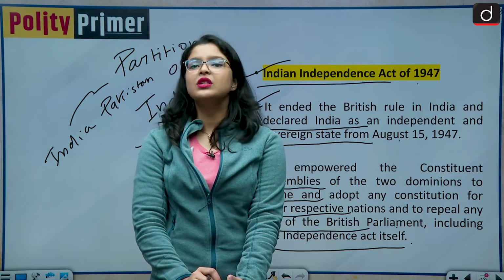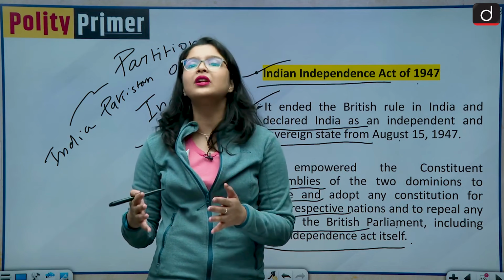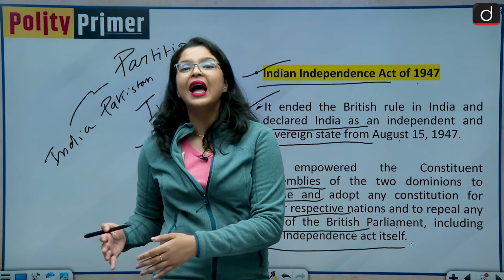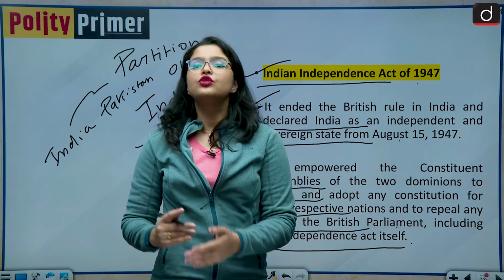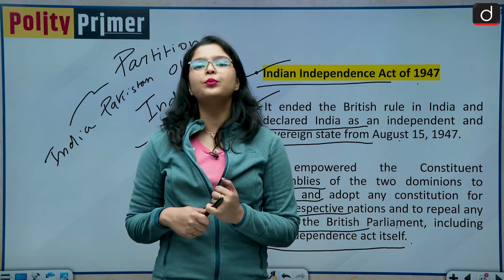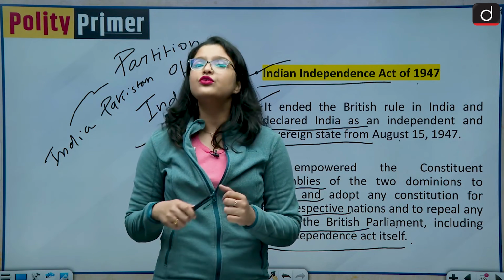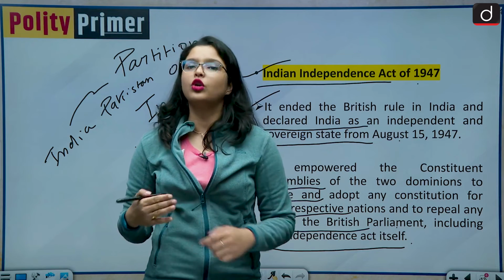Okay, so this was a very important act, and all of these important regulations and legislations have shaped our Indian Constitution as of now. So with this we come to a conclusion of today's discussion. We have seen all of the important British legislations which have formed the historical background of our Indian Constitution.